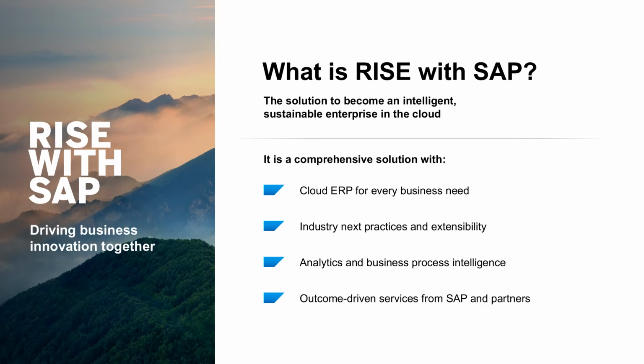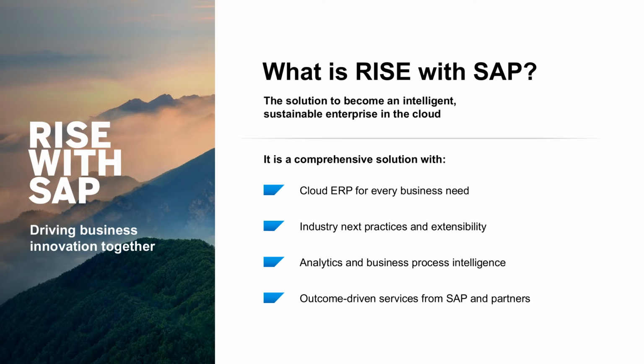Let's take a look at what RISE with SAP is. It's a comprehensive solution with a cloud ERP for every business need with SAP S/4HANA Cloud. Industry next practices and extensibility with industry cloud solutions, with next digital industry practices for 25 industries, coupled with our SAP Business Technology Platform.